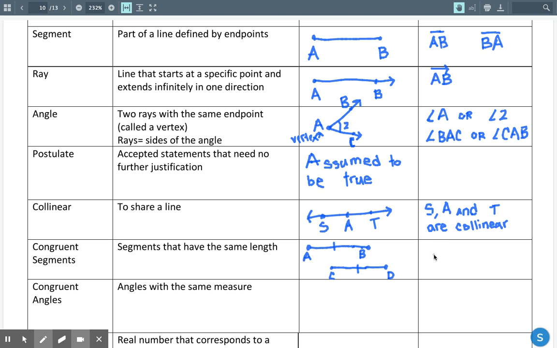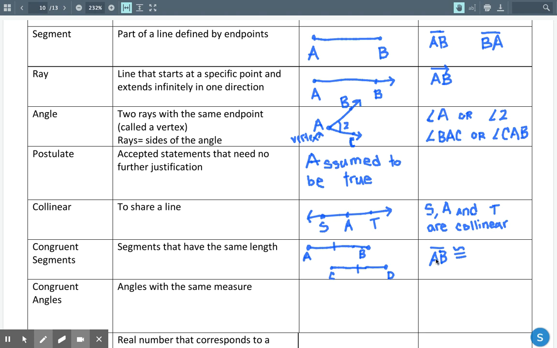And then how we write it is line segment AB. There's AB, and I know it's a line segment because I put a line above it. And then we do an equal sign with a little squiggly. I know there's a name for it, but I don't remember what it is. This means congruent.